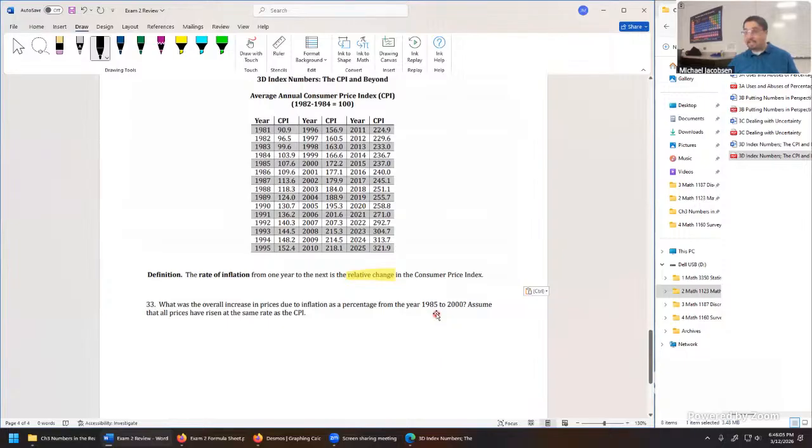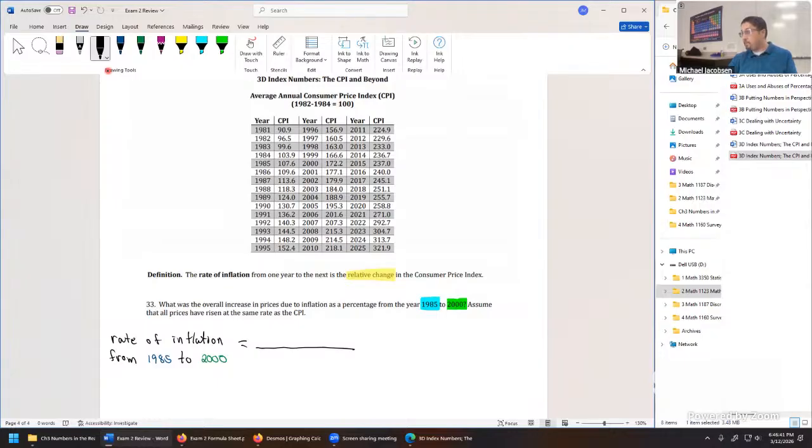So here's what we can do to write this down. Rate of inflation from the base year of 1985 to the target year, year 2000, is going to be using the CPI index table.